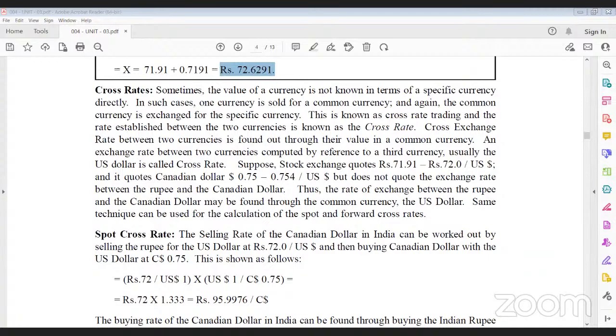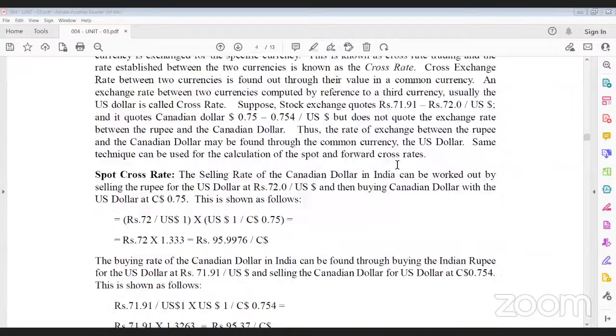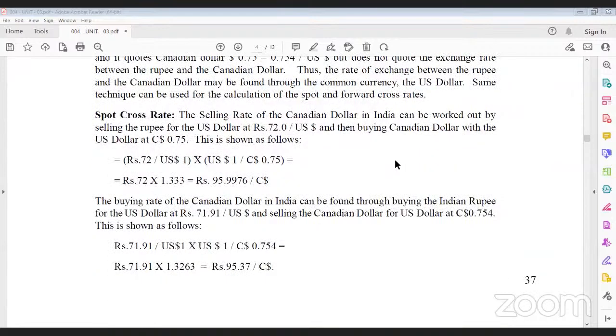How this calculation is done is shown below, like this: rupees 72 per US dollar into US dollar 1 divided by Canadian dollar 0.75.